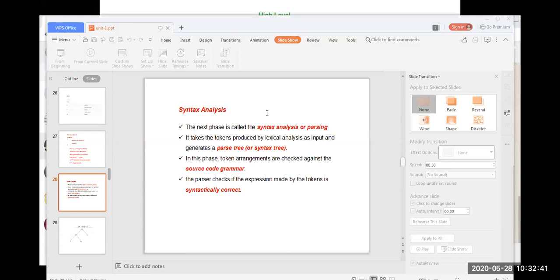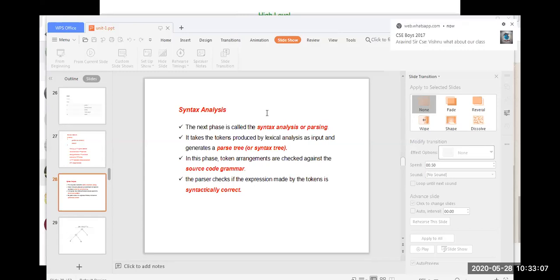By collecting all those tokens, it will try to verify whether all are as per the rules of the programming language. That is what it does by constructing the parse tree: it verifies whether it is following the syntax rules of the programming language or not.